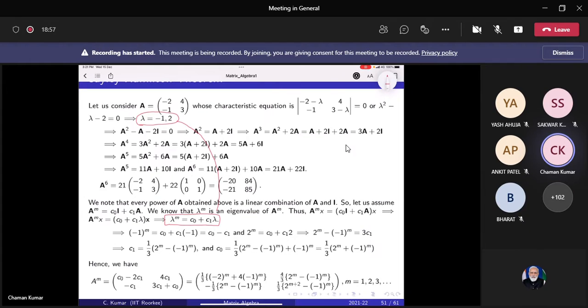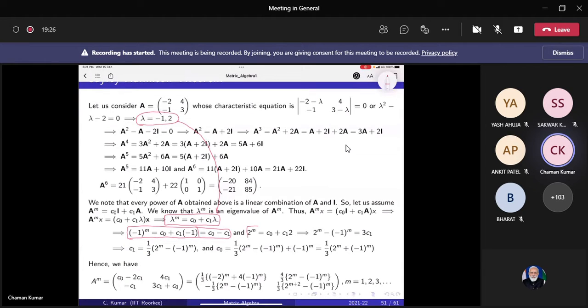Okay, so this is what we are going to do here. We substitute the value of lambda in this equation. When lambda is equal to -1, left hand side is (-1)^m, right hand side is C0 plus C1 into -1. So we get one equation, C0 minus C1 is equal to (-1)^m. When I put lambda equal to 2, I get the second equation.